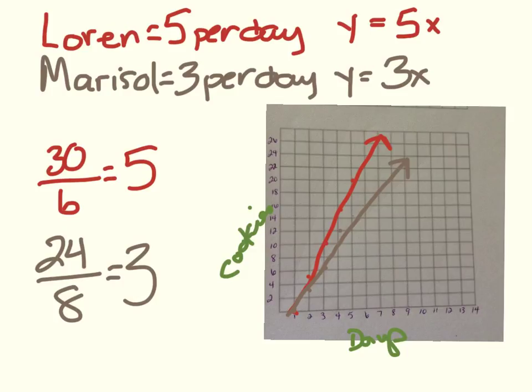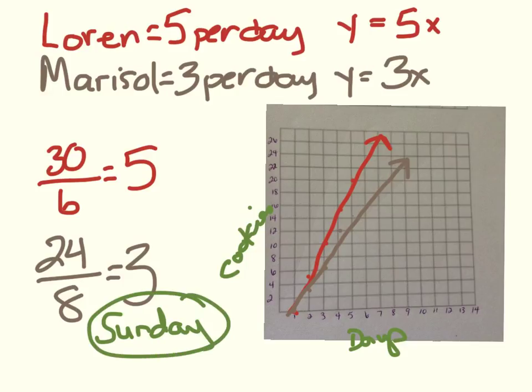So, your answer in this case would have to be Sunday, day 1. Right? Because then they just started eating cookies, and they never, until they were done, they didn't have the same number of cookies left any day of the week. Okay, so let's go to the next one.